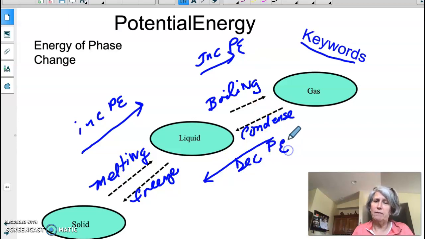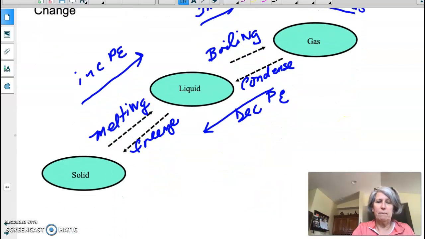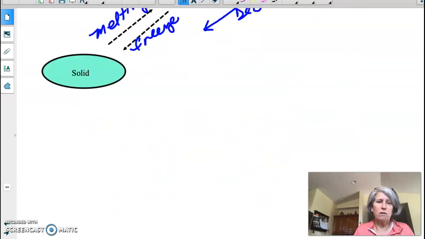And when we're talking about this, I'm just going to draw this a little bit lower here. I'm going to extend the page a bit, and I'm just going to draw a water molecule. So you can think about what we're talking about if we're talking about freezing water, or solid water, versus liquid water.